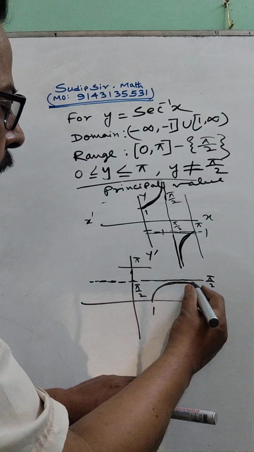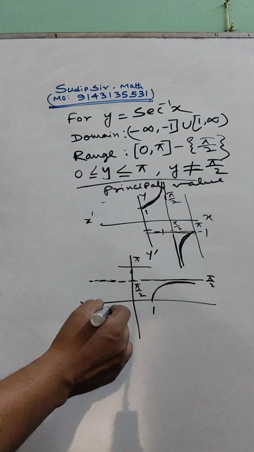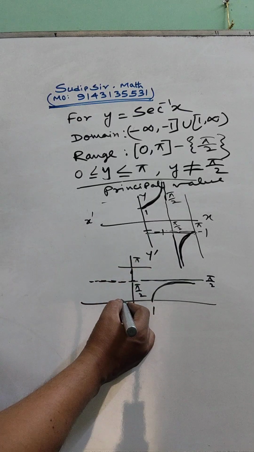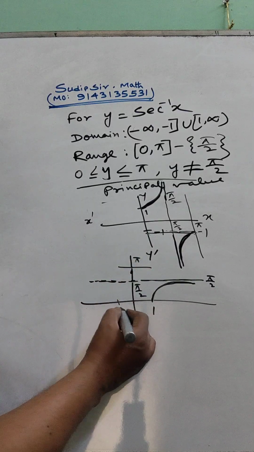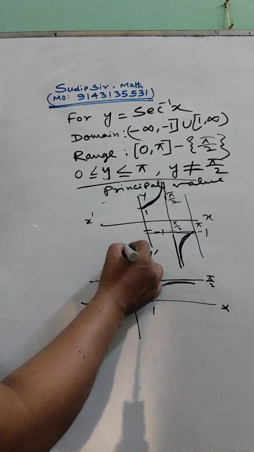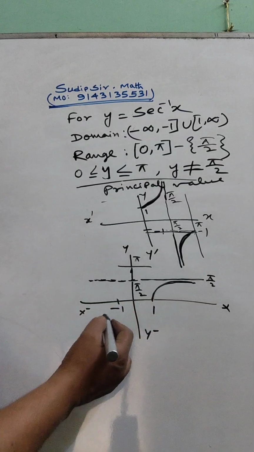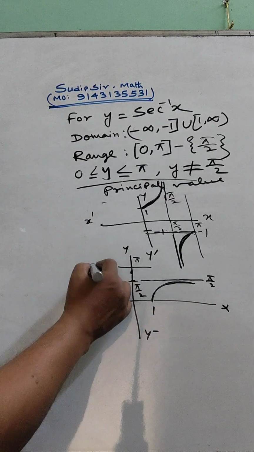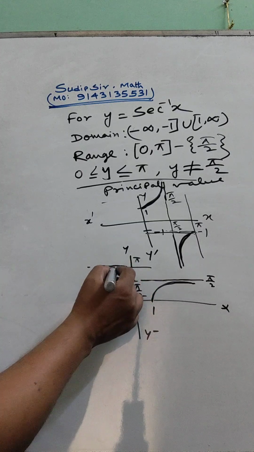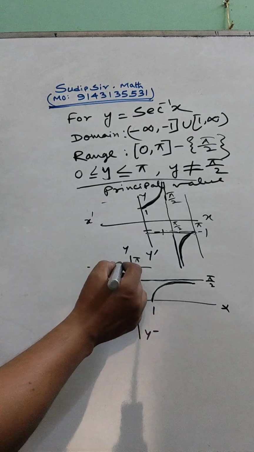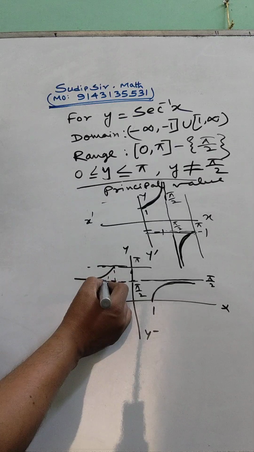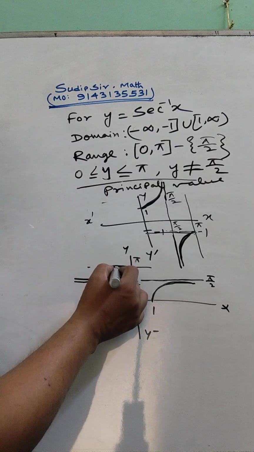From 1 it will grow here, and say this is minus 1 on the x-axis, x dash, this is y dash. From minus 1 it will be like this.